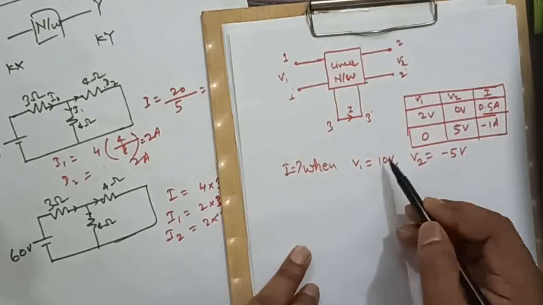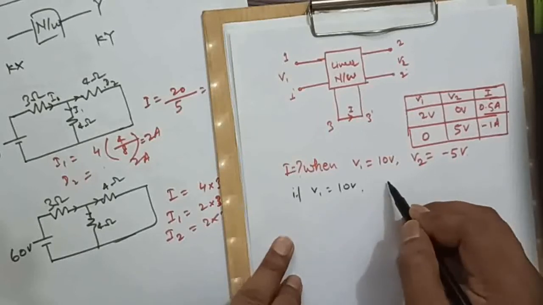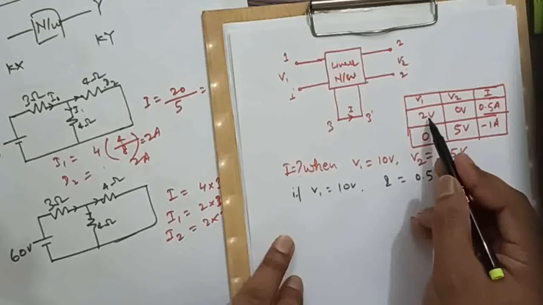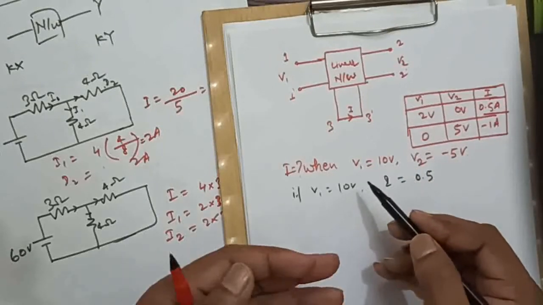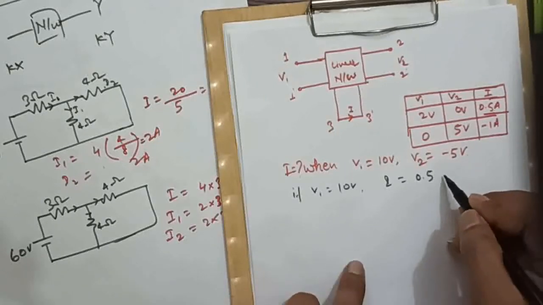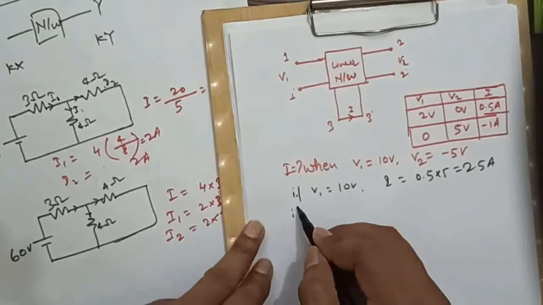Now if V1 is equal to 10 volts, then I will be what? Since this 2 volts is scaled by a factor of 5, it becomes 10 volts. So we have to scale the response by 5 times. That is 2.5 ampere.